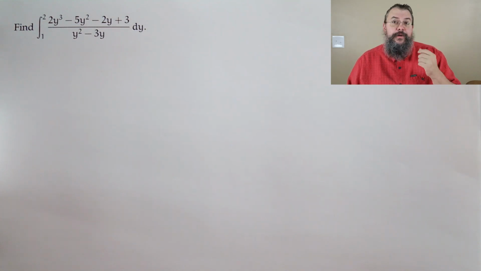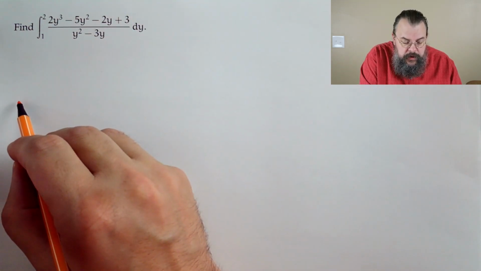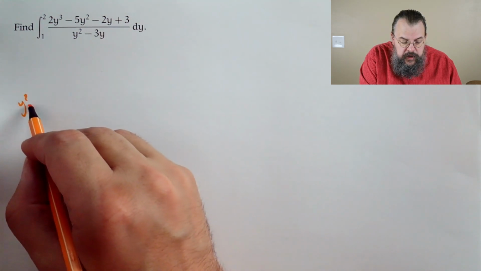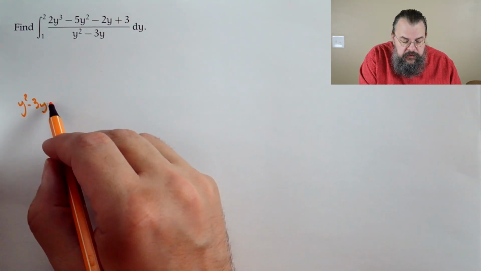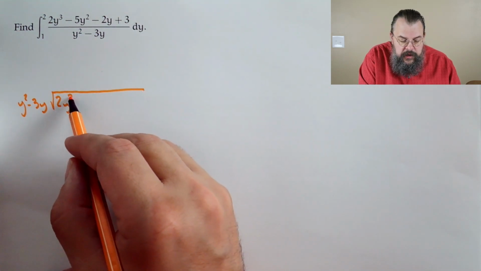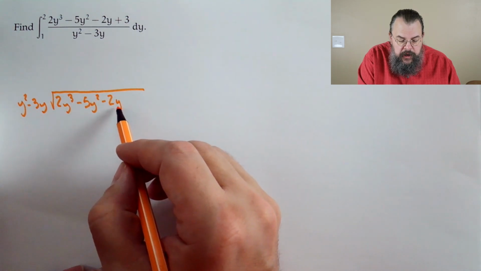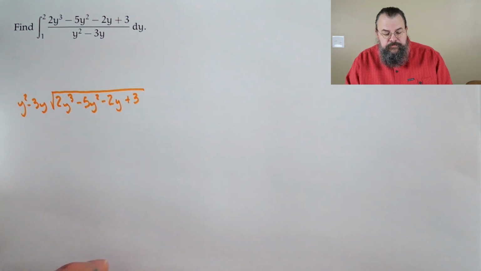So that says we need some long division. So the first thing we need to do is divide. We're going to take our term y squared minus 3y and divide that into 2y cubed minus 5y squared minus 2y plus 3.